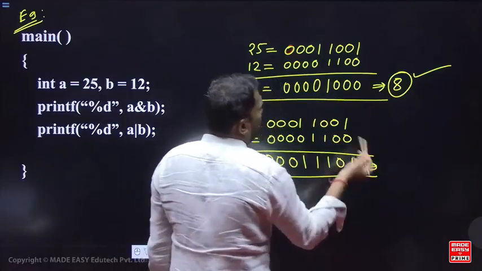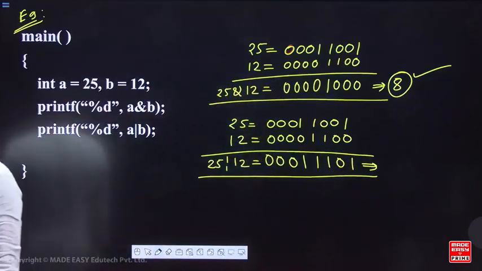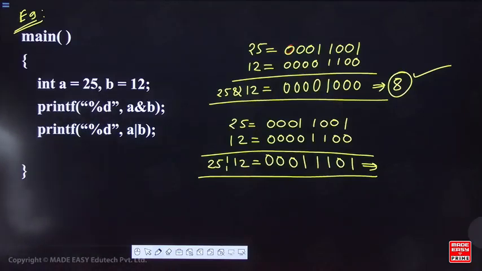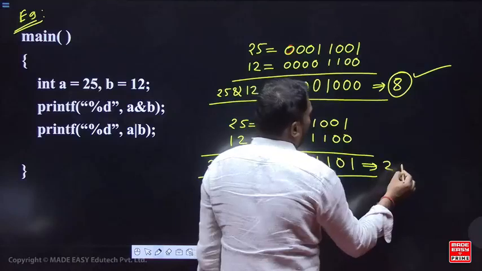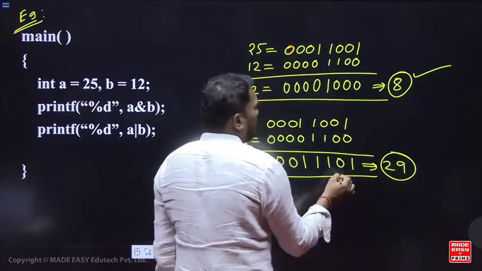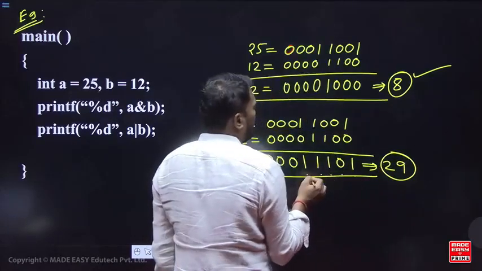So just find out what is the answer of this. What is the decimal value? Decimal value क्या है उसका? 29 I think, right? So it's 2 power 0, 2 power 1, 2 power 2, 2 power 3, 2 power 4.